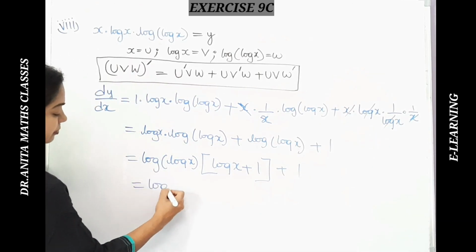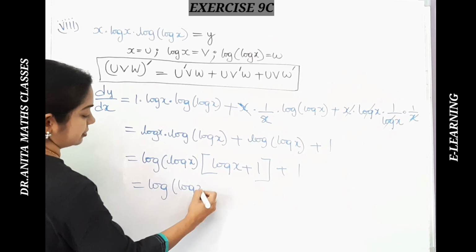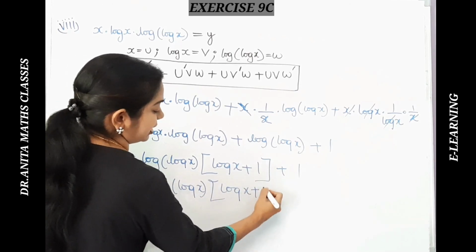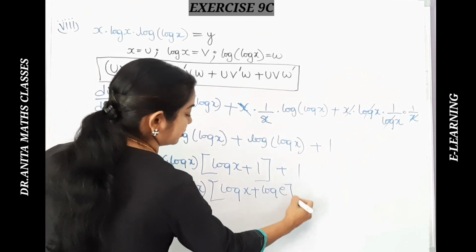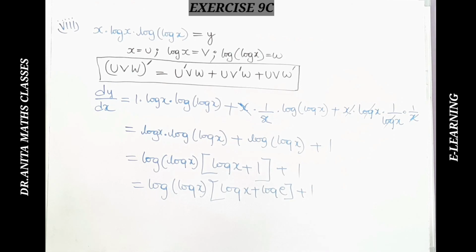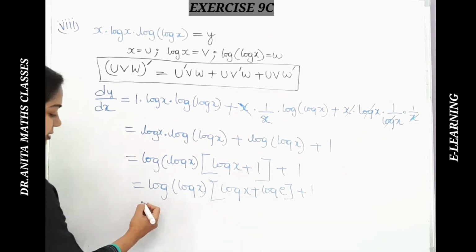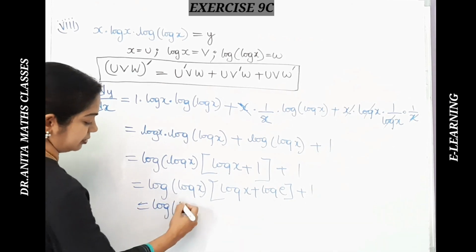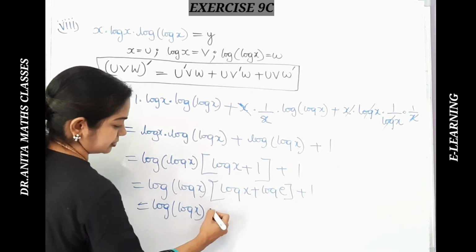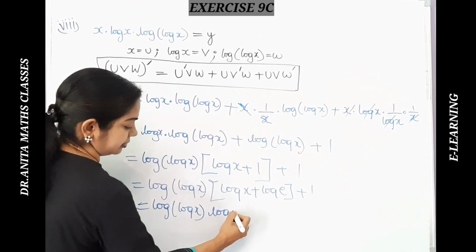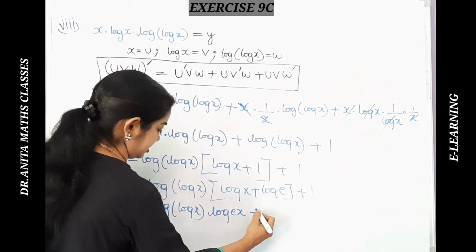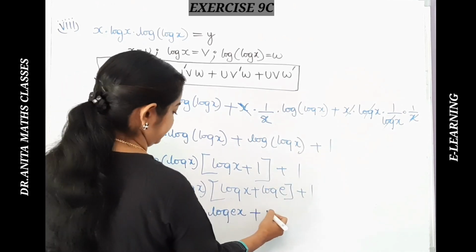So just make some simplifications, bring it into the lowest form. x plus 1 I can write as log e, natural logarithm, plus log x. Again there also you can write log e. So here you can multiply it, so this becomes log of ex, plus there is 1 here.